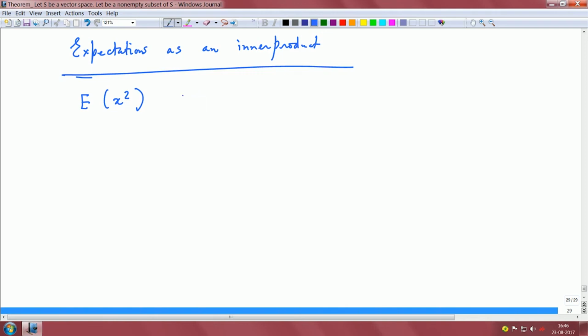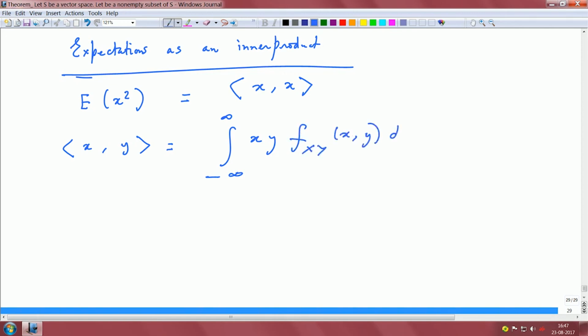So, can you think about this as the inner product of x with x under some measure which is your probability measure, right? If you think about two variables x y, and I define this to be x y times this quantity, right.